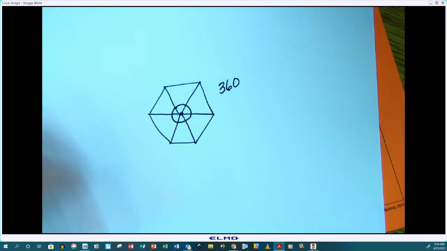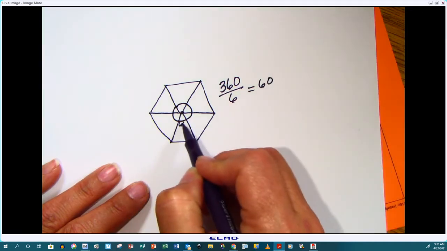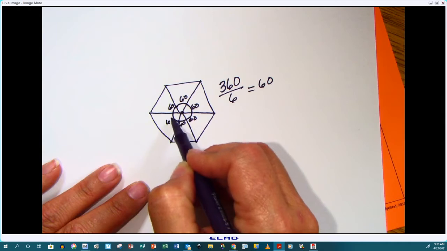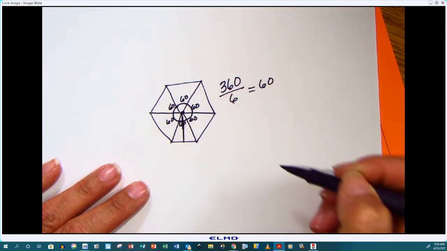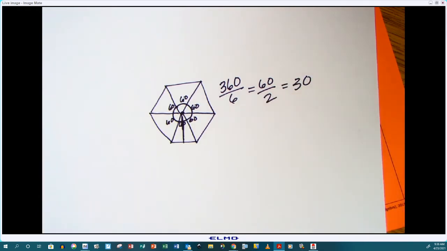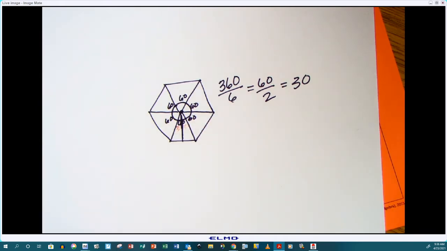So if I were to add the vertex of all those triangles, it's 360 degrees all the way around. Now, if I divide by how many sides there are, that tells me that each one of these angles is 60 degrees. Now, when you draw your apothem, you have to take half because it splits it in half. So now this is 30 and that's 30.